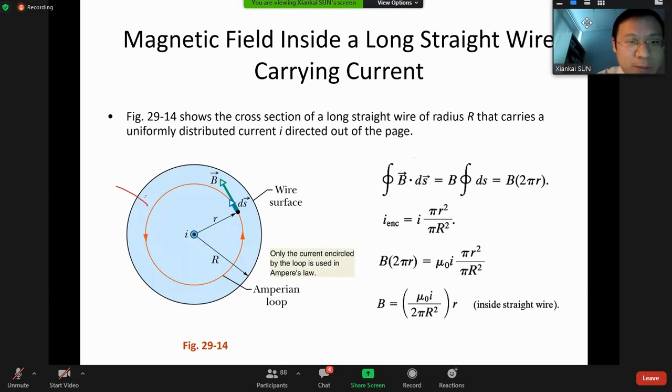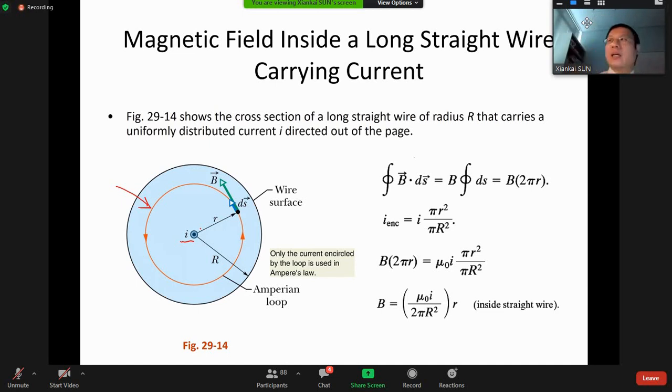As shown here, again, the direction of the Ampere loop is counterclockwise. You can use your right hand to find that the direction of the Ampere loop agrees with the direction of current, because the current is pointing out of the page and the Ampere loop is counterclockwise.